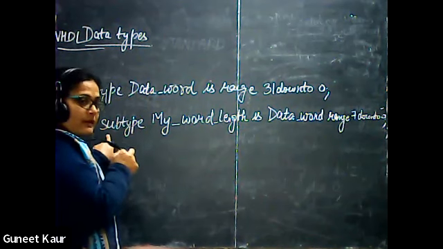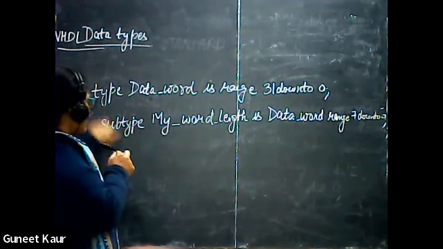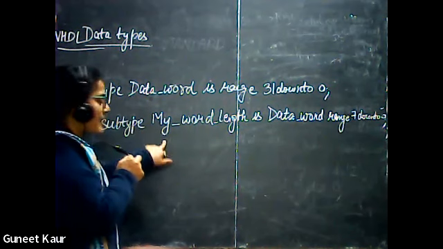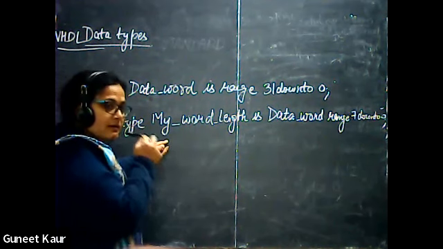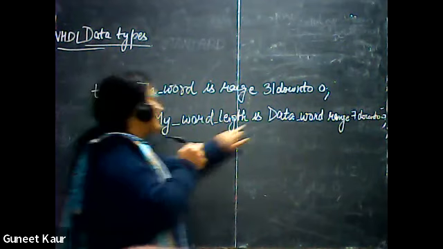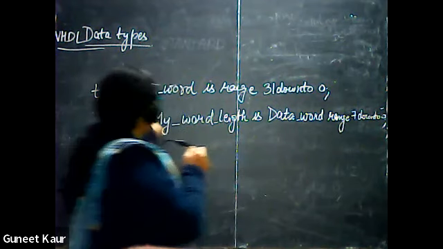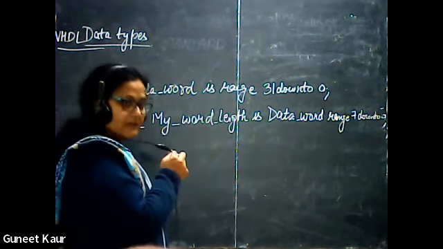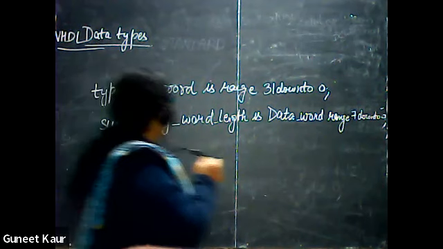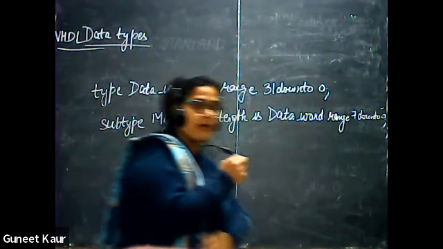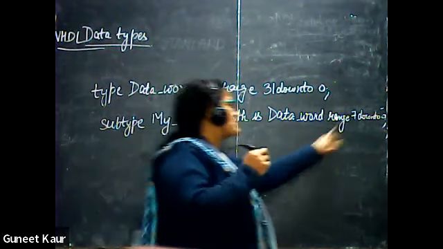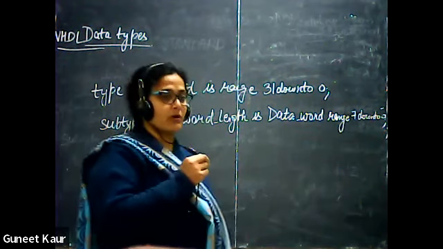Then the example for the subtype is subtype. The subtype name I have written as my_word_length is. I have taken this subtype from this type. So the base type is data_word, and it's ranging from 7 downto 0, semicolon.